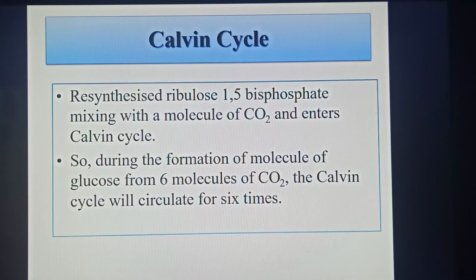The resynthesized ribulose 1,5-bisphosphate mixes with a molecule of carbon dioxide and again enters the Calvin cycle. So for the formation of a molecule of glucose from 6 molecules of carbon dioxide, the Calvin cycle will circulate 6 times.